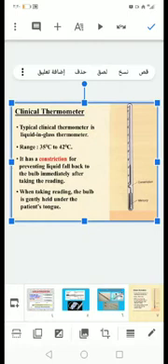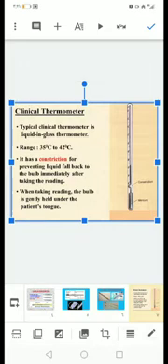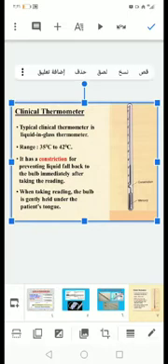Because the clinical thermometer has a constriction or reducing. The constriction helps to prevent mercury from returning back to the bulb again. But after a short time, when we shake it well, what happens? The mercury will return back to its position in the bulb. So it has a constriction because it helps to prevent mercury from returning back to the bulb again.